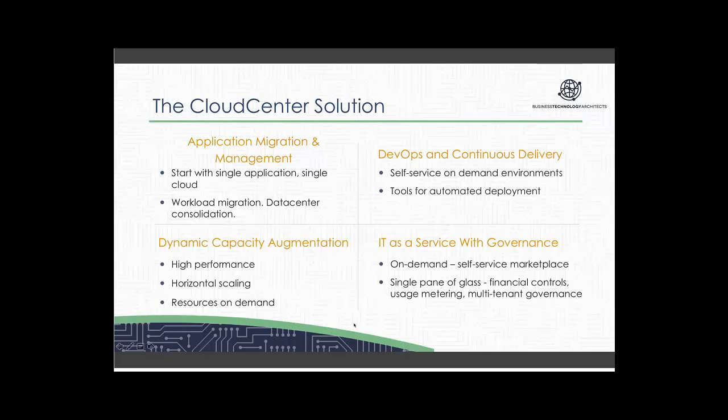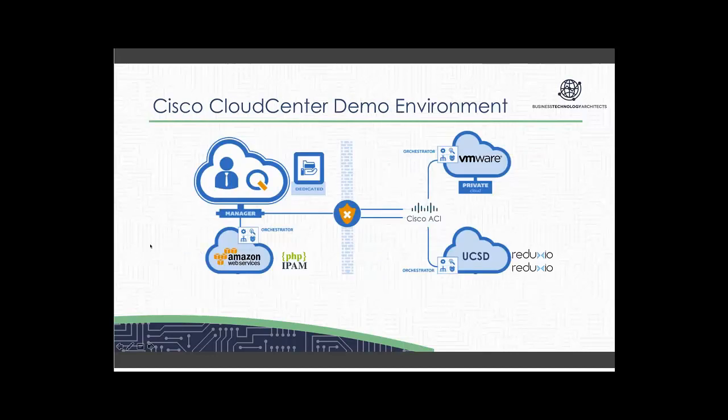So we're going to move to a demo, and the way we have it set up is we have our CloudCenter demo environment. We've got two links. We have a CloudCenter manager that's spinning up in Amazon with a dedicated file repository, and we're using Amazon S3 to accomplish that role.